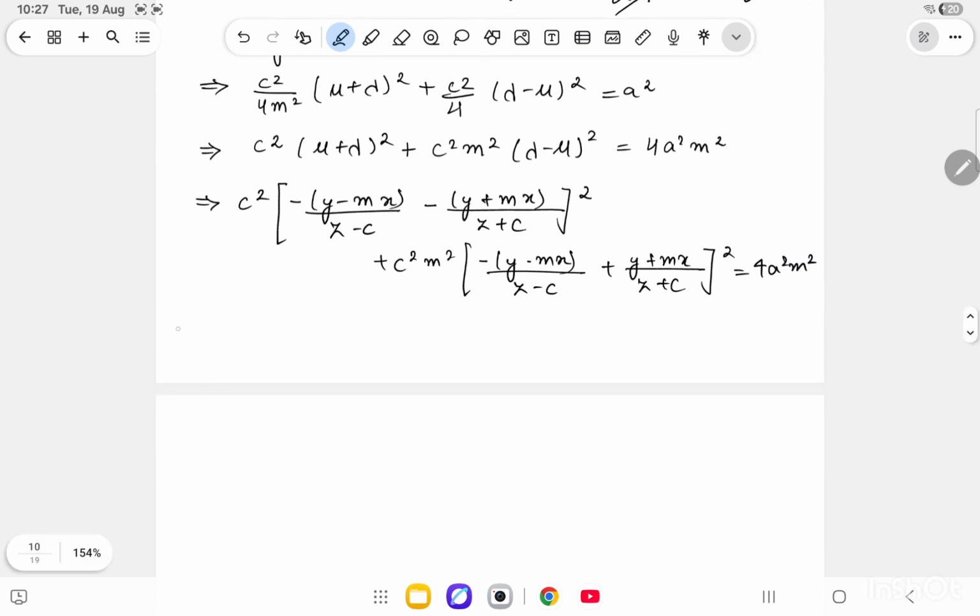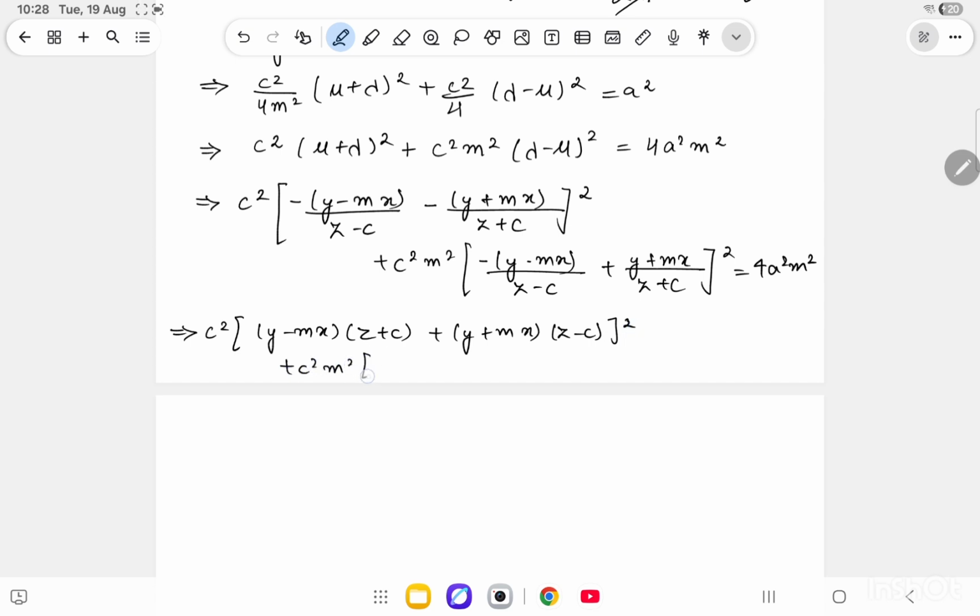Simplifying further, I'll get c square [(y minus mx)(z plus c) plus (y plus mx)(z minus c)] square plus c square m square [(y plus mx)(z minus c) minus (y minus mx)(z plus c)] square equals 4a square m square (z square minus c square) whole square.